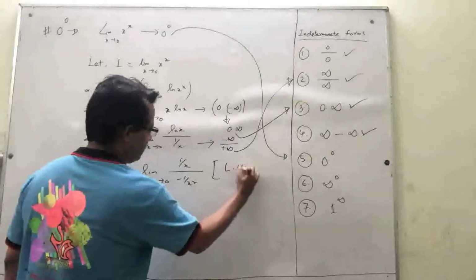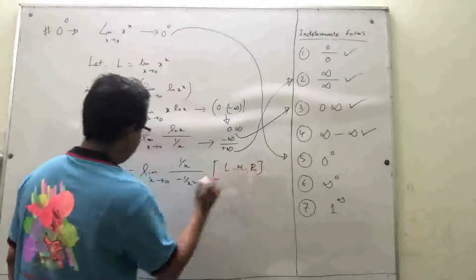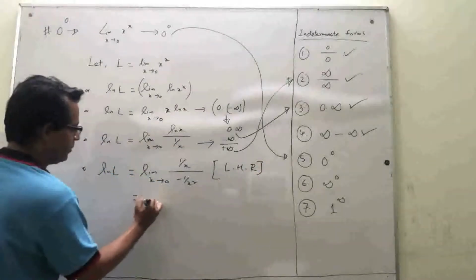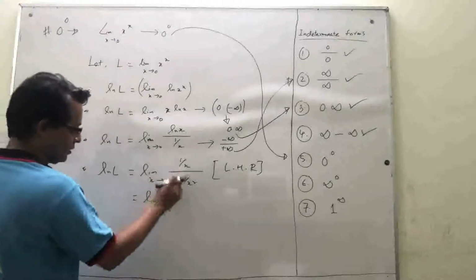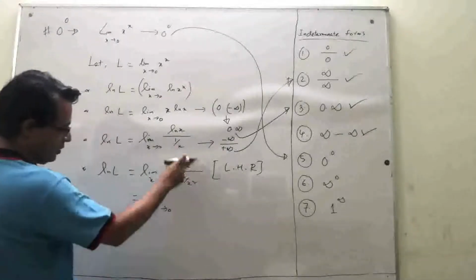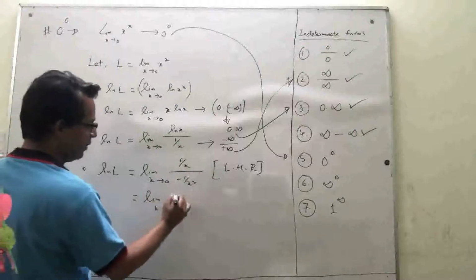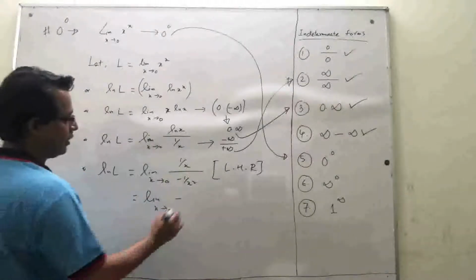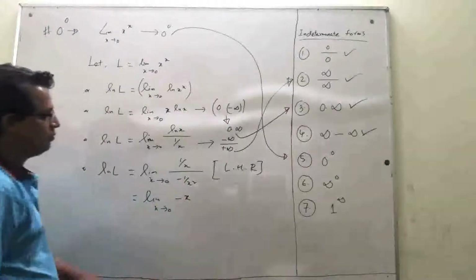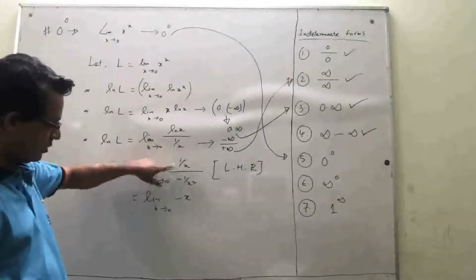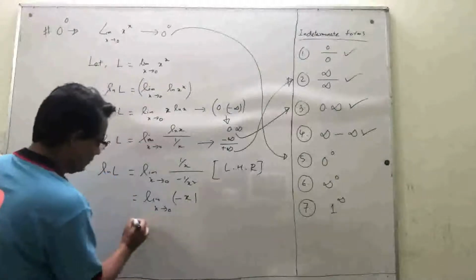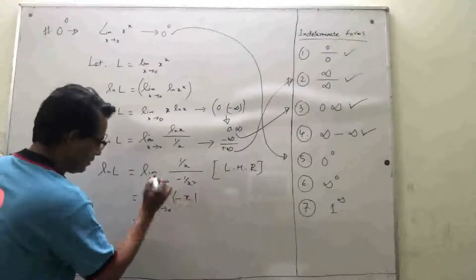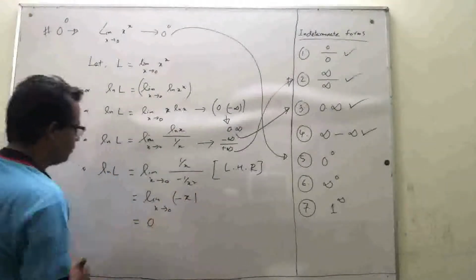Here, limit x tends to 0 of 1 by x over minus 1 by x square. After simplification, we get 1 by x into x square by minus 1, that is minus x. So if x tends to 0, then the result goes to 0.